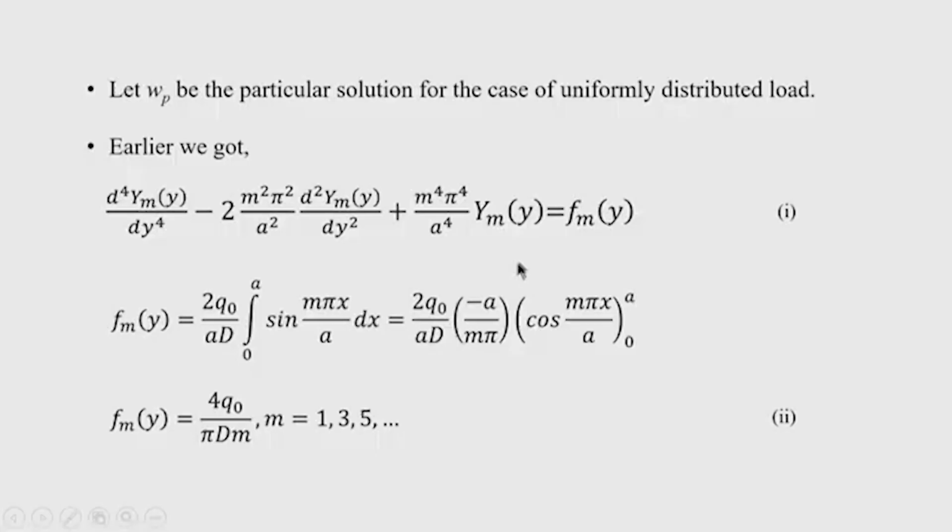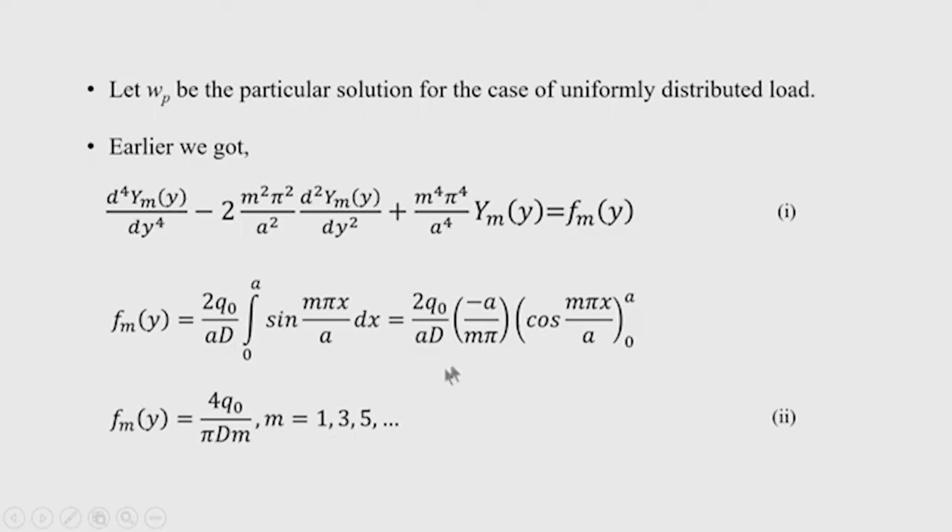So, here, seeing the nature of this forcing function as q naught, we first evaluate f m y, and f m y is evaluated by the integral that I have shown in the beginning. After integrating sine with respect to cos and then putting the limit, we get 4 q naught divided by pi d m, where d is the flexural rigidity of the plate and m is the integer. And you can see that the integral is valid only for odd m.